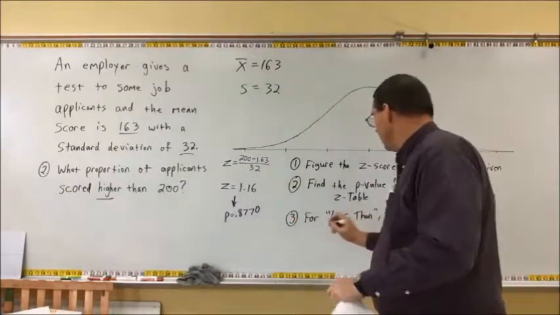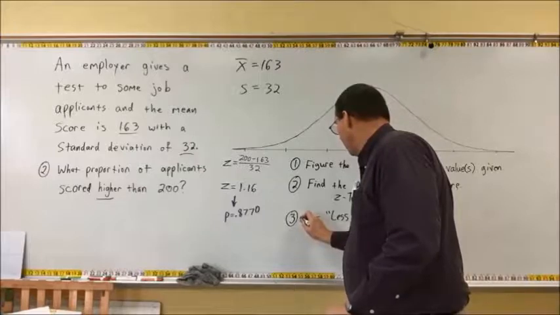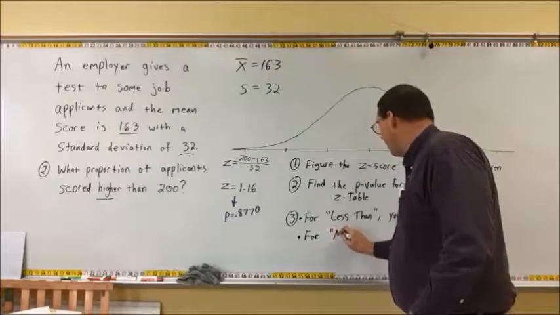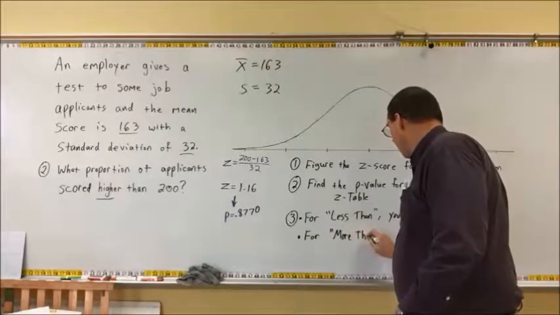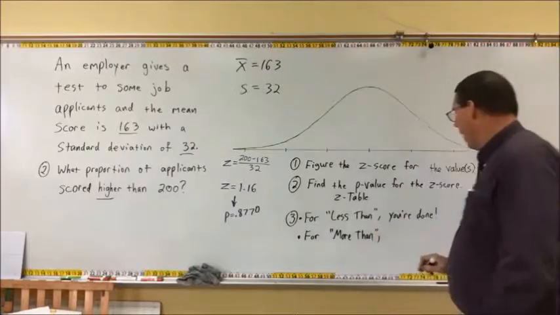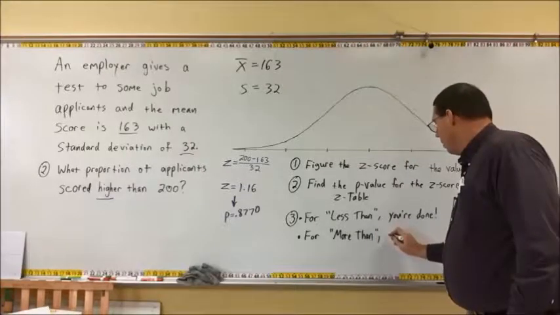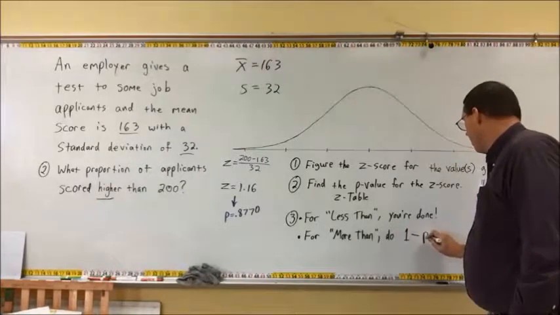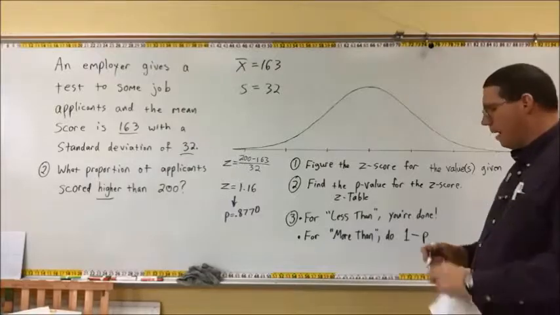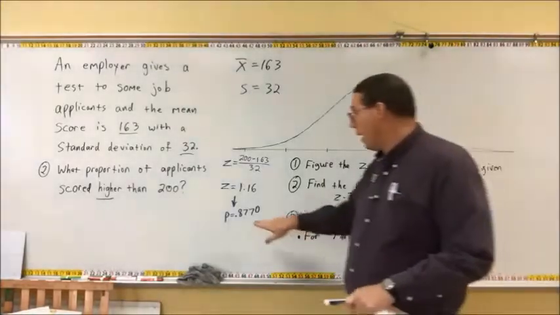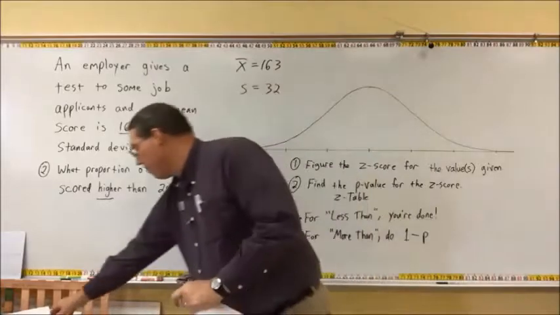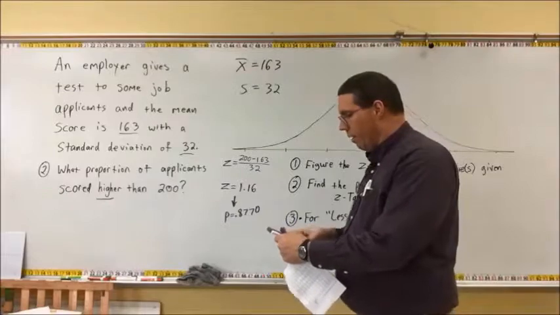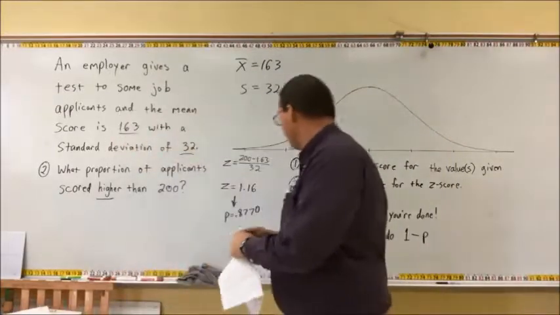Now for more than, if the question is asking more than, do 1 minus the p-value. So we're going to do 1 minus 0.8770, and we get 0.123, and that's our final answer.